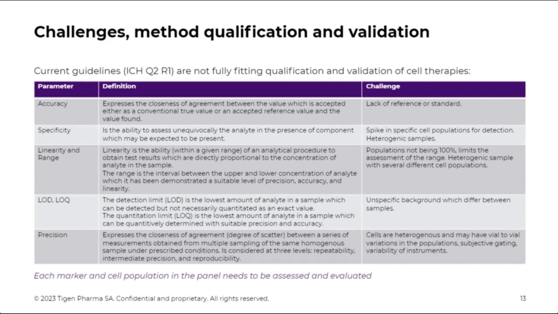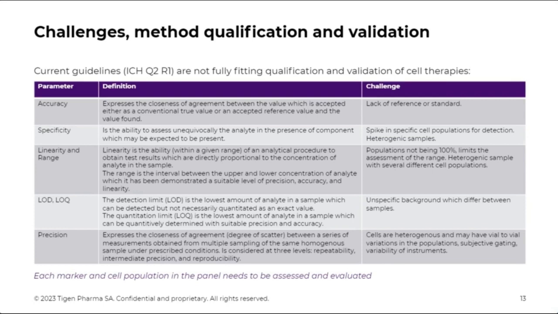And the LOD and the LOQ, the LOD is the lowest amount of analyte that is detectable, but I can't put the number on it. The LOQ is the limit where I can start putting a number, a quantification of my assays.